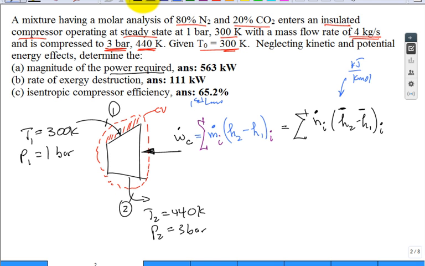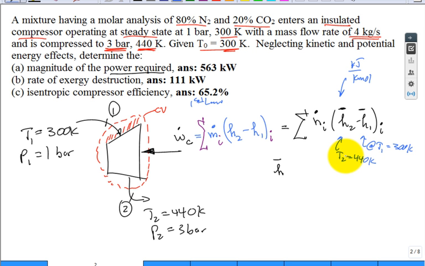Because how do I move back and forth? Let's ask a clicker question. I'm given H bar, or I can look it up, right? Maybe I should have emphasized that. These H bars, this one is at temperature T1, which is 300 Kelvin, and this one is at temperature T2 of 440 Kelvin.